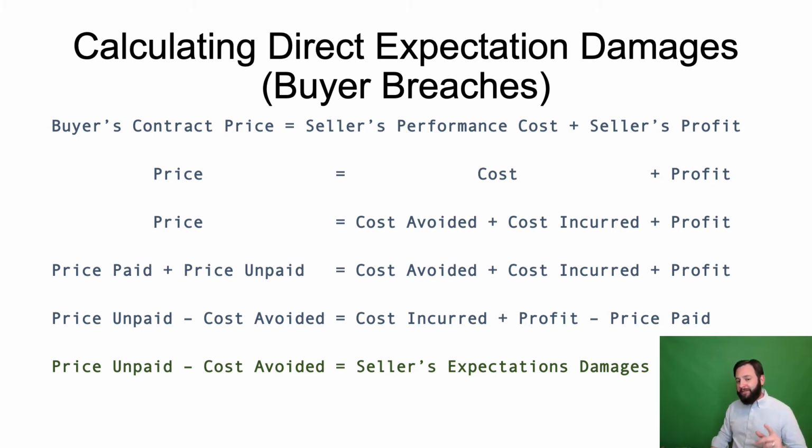And this means the Ford dealership's in a unique situation where it was able to sell more volume, and the expectation to the Ford dealership was not to sell this car, but rather, in that scenario, to sell two cars. The seller lost volume or quantity because of your breach, and we'll address that later when we talk about the alternative method of calculating direct damages as lost volume damages.